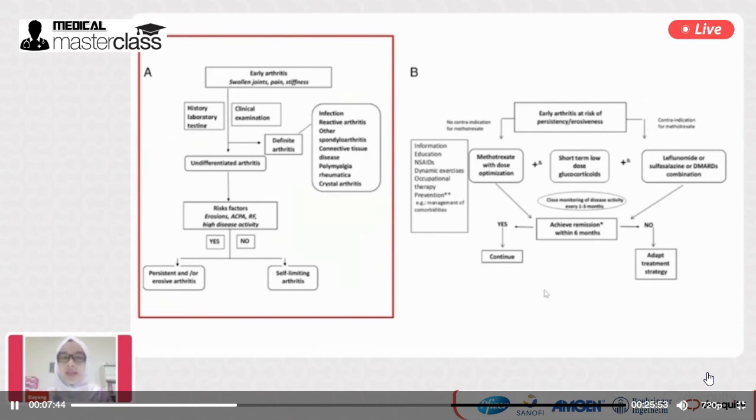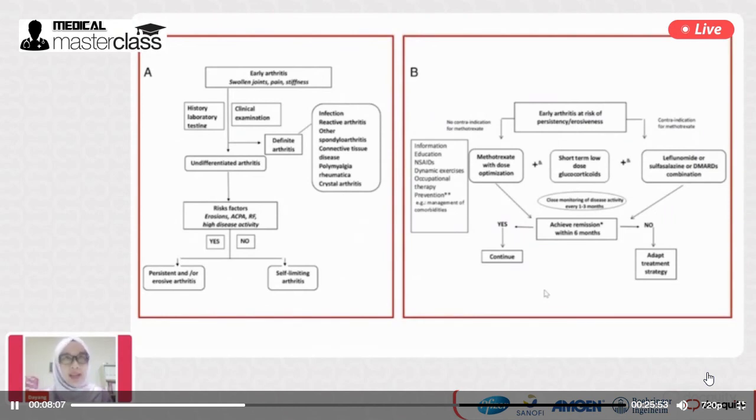But let's say you cannot classify the patient to any definite arthritis, then probably the patient will have undifferentiated arthritis. And you will look at the risk factors, such as rheumatoid factor and the joint involvement. If yes, you will need to go to the management, which is on the right hand side.